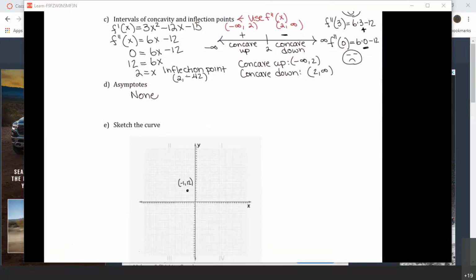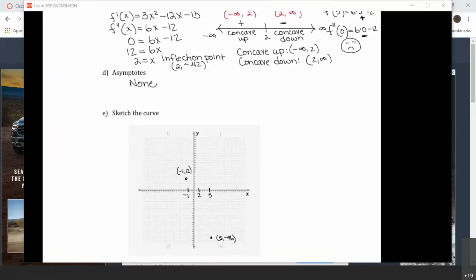We have a local minimum at 5, -96. And again, I'm just guesstimating. It changes concavity somewhere in between. So let's call that 5, let's call that 2, let's call that -1. I'm just trying to draw them big enough for you to see.